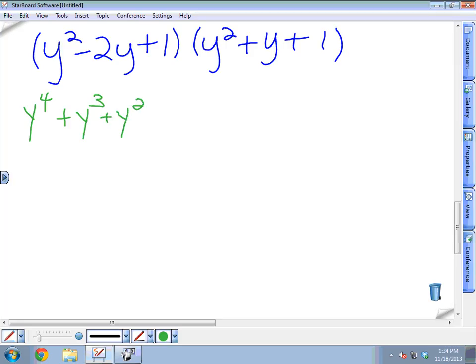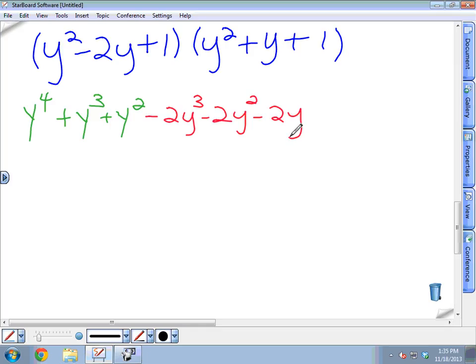Plus y squared. Good. What am I going to do next, Morgan? Plus or minus? Minus 2y cubed. Good. Then what? Minus 2y squared. Minus 2y. Good.